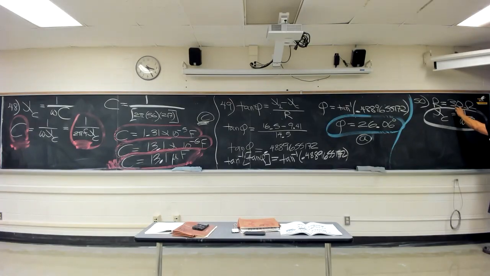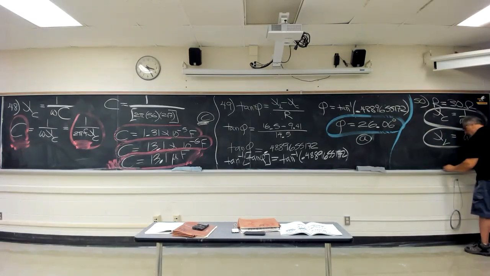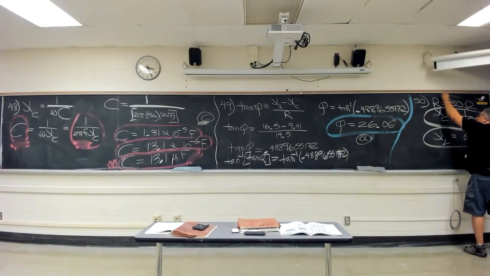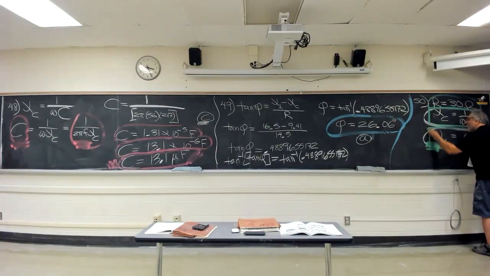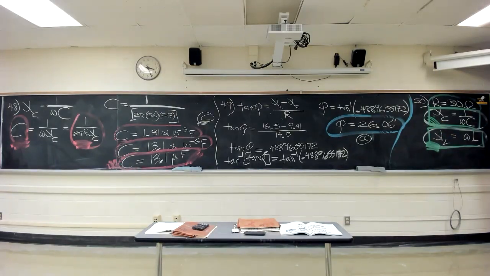X sub C is 1 over omega C. X sub L is omega L. So those play a pretty big role here. We've got this, and this right here.